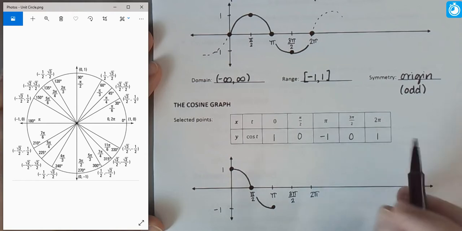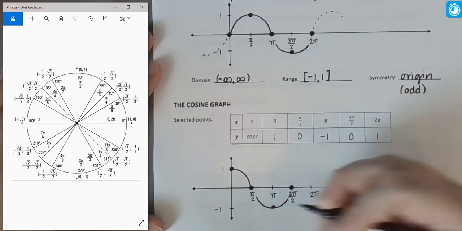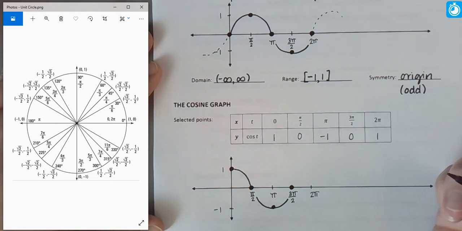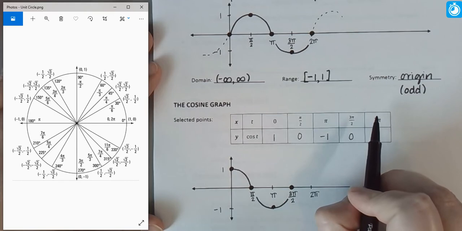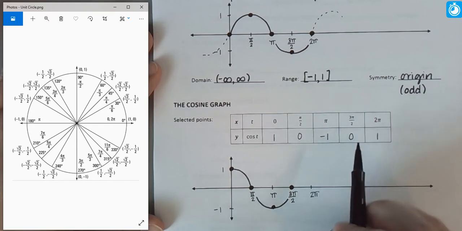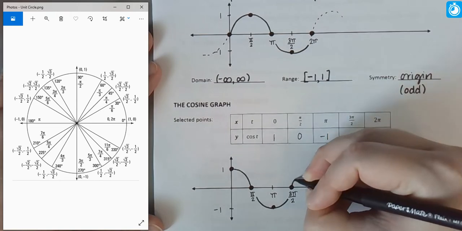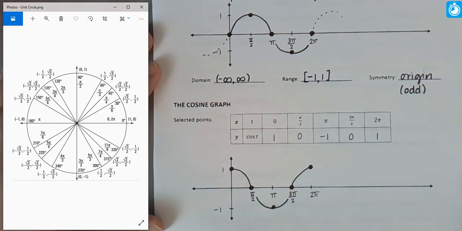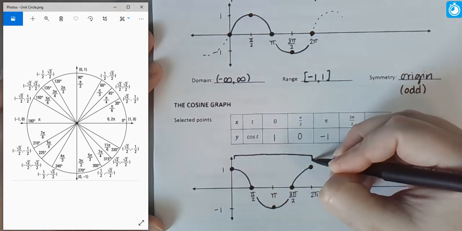Our x values are getting bigger again. And once we get to 3 pi/2, we've made it back to 0. And then once we come full circle, go back to 2 pi, now our first coordinate is positive again, and we increase from 0 to 1. And so that's going to be the graph, single period, of our cosine function.